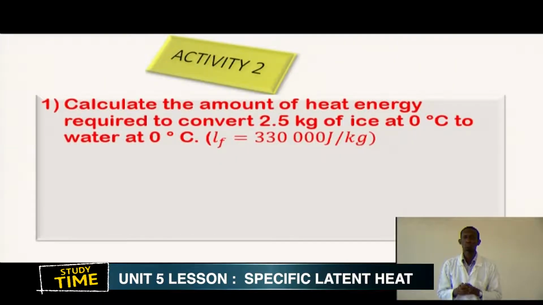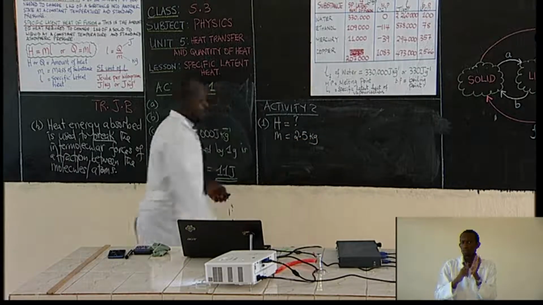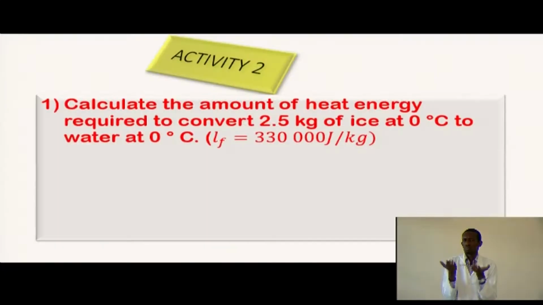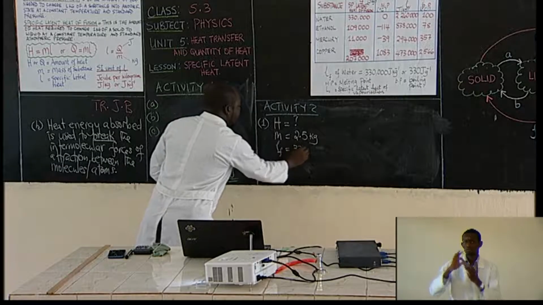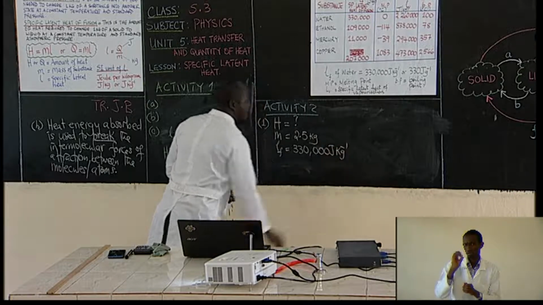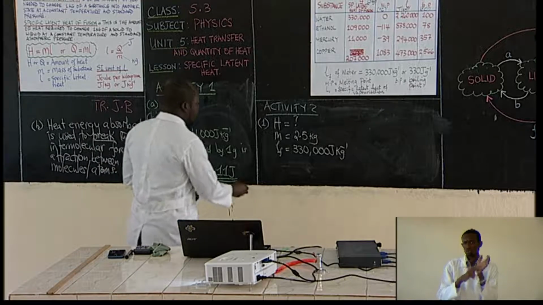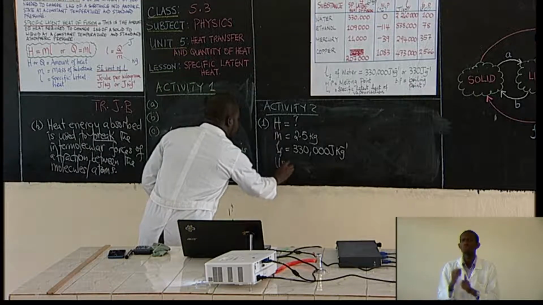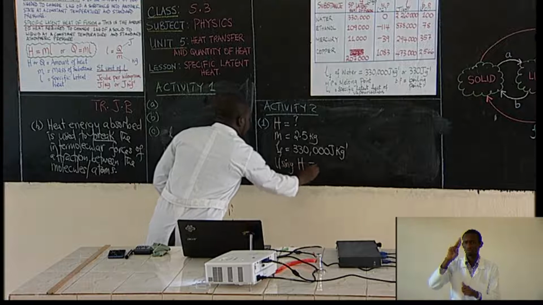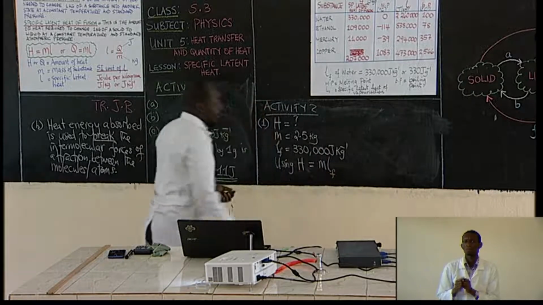So what is 2.5 kilograms? It is mass, 2.5 kilograms of ice. And they are giving us specific latent heat, that means LF equal to 330,000 joules per kilogram. We don't need to change anything. So what next do we do? We are going to state the formula. Using the formula, H is equal to mL. In this case, it is LF.